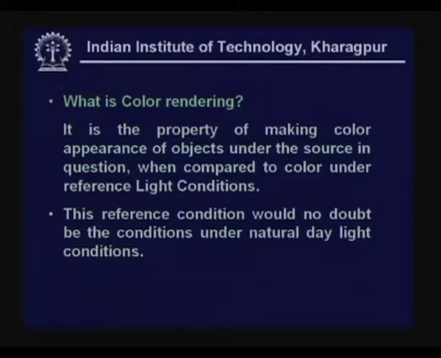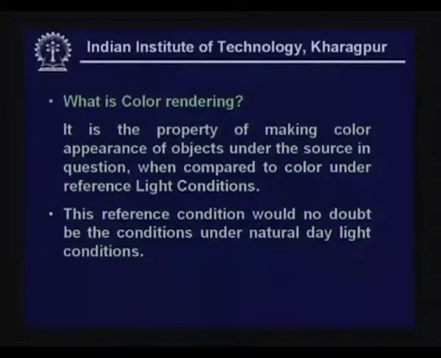Recall the spectral power distribution due to natural sunlight and the sensitivity of the human eye are very close, having their peak around yellow green, and therefore, in applying any such index and trying to compare the effect of these radiations in making color appearance, the reference conditions most suited would be natural daylight conditions.